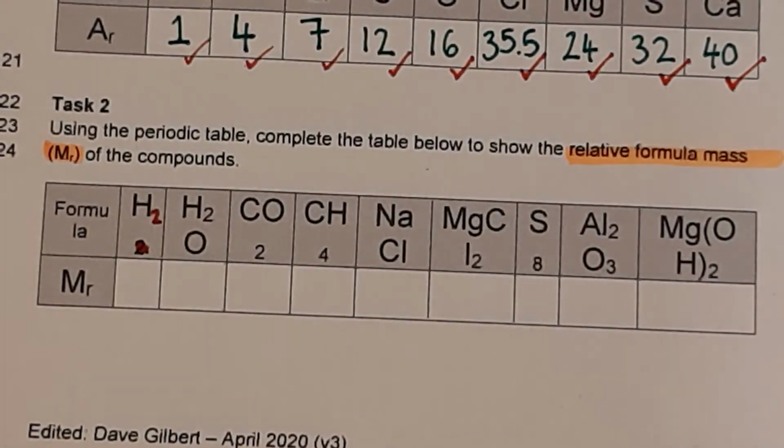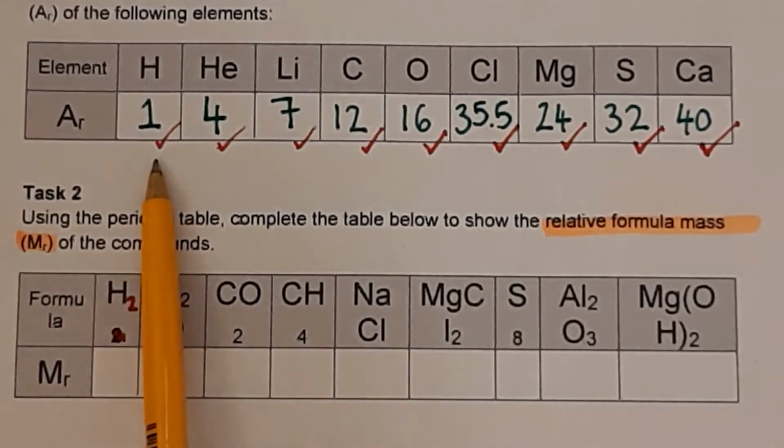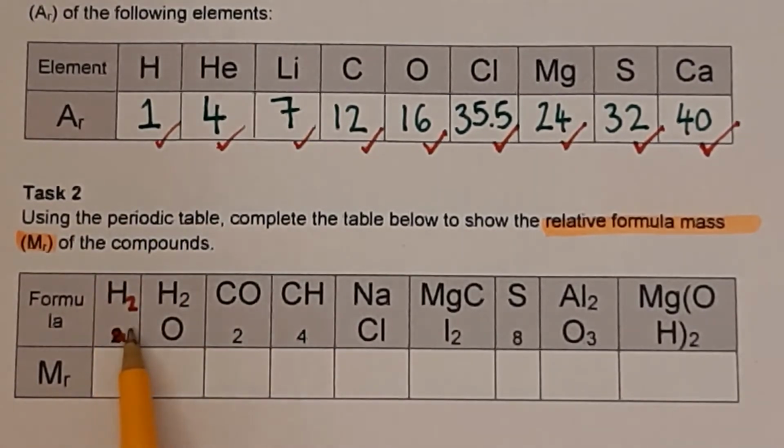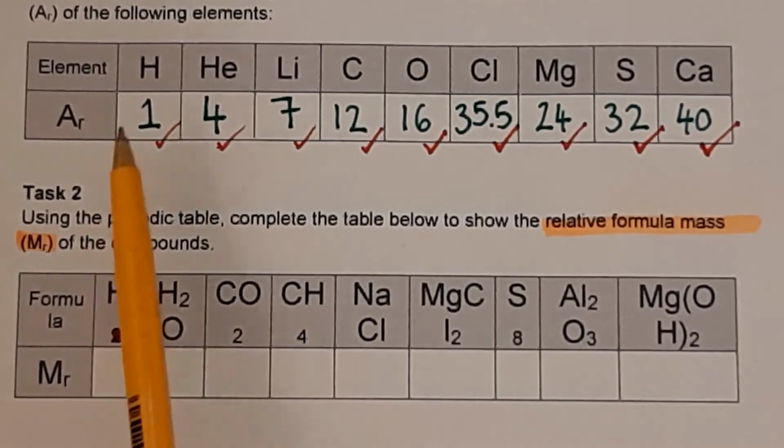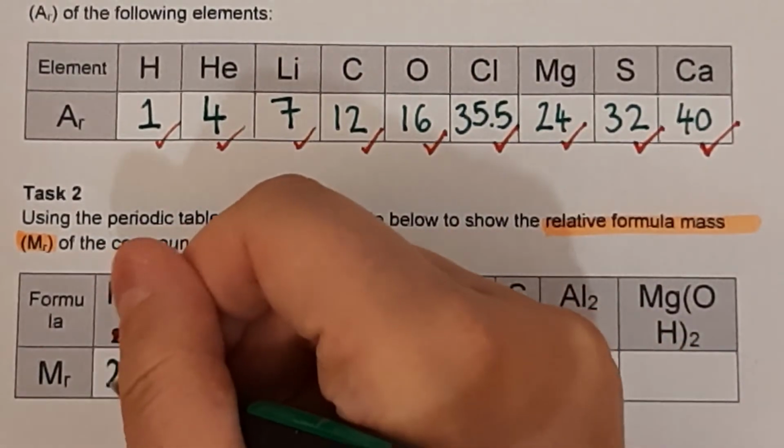There are 2 hydrogen atoms, and we know from our previous example that hydrogen has a relative atomic mass of 1. So for H2, we have to add 1 plus 1, because there's 2 of them. So 1 plus 1 gives us 2.